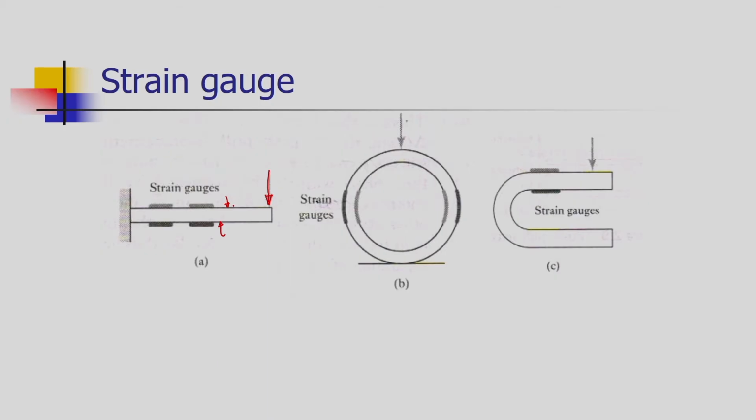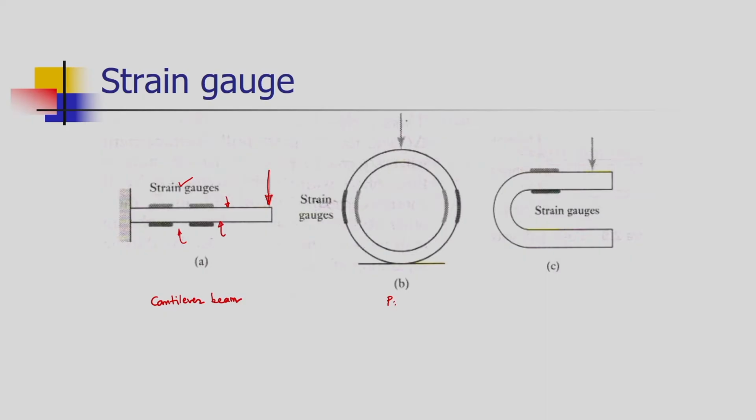So, we get an increase in resistance values of the top strain gauges and a decrease in the resistance values of the bottom strain gauges. By measuring the periodicity of the signals from the strain gauges for this increase and decrease, we can easily monitor, record or measure the vibration values.